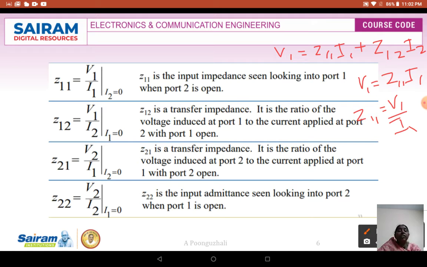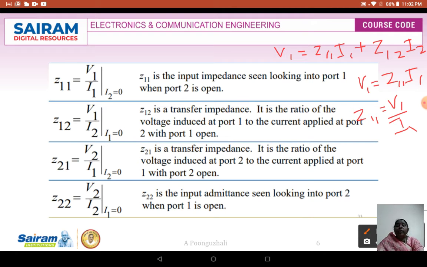V1 is nothing but your input voltage, I1 is your input current. So we call Z11 the input impedance seen looking into port 1 when port 2 is open. That is your input impedance, V1 by I1, seen looking into port 1, that is from the input side, but when I2 is 0 it means your port 2 is open.